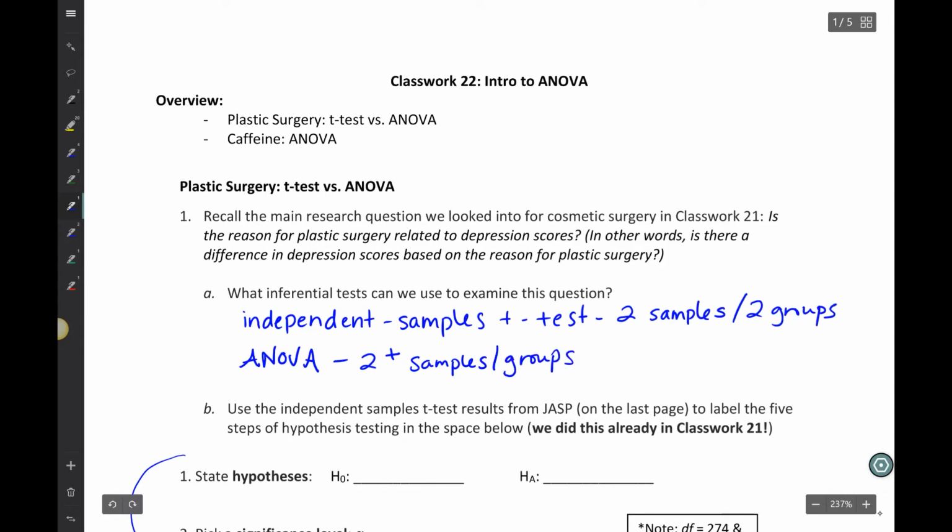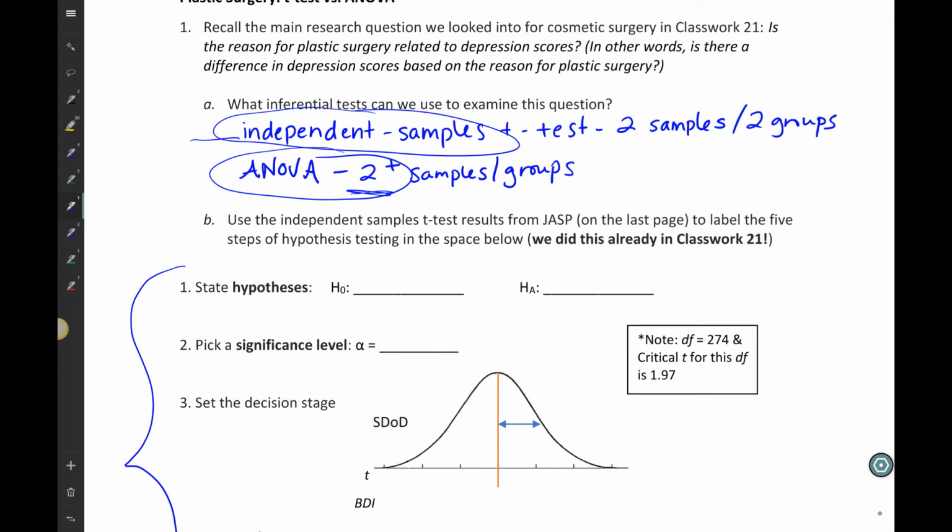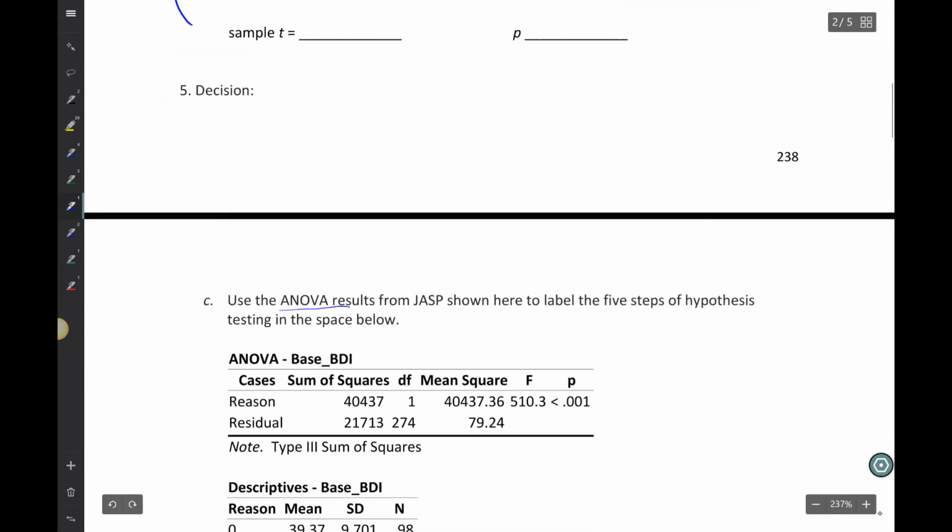So we can use it when we only have 2, but most of the time we don't because t-tests are just a little more straightforward to run. But we can run an ANOVA on 2 groups in the same way that we would run an independent samples t-test, and you'll see that we end up coming out with the same result.